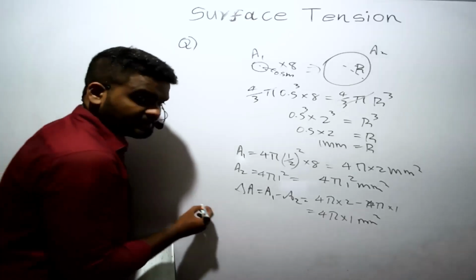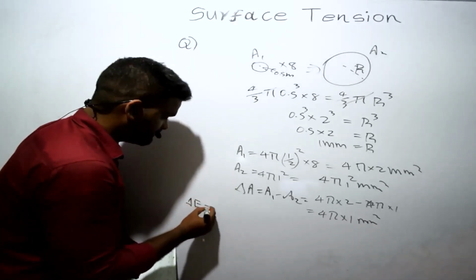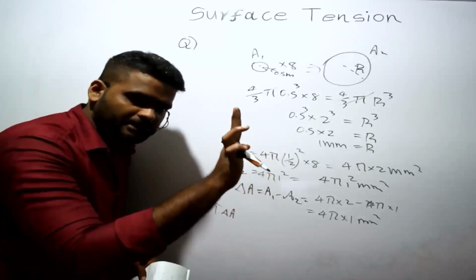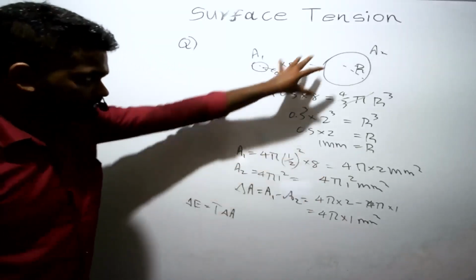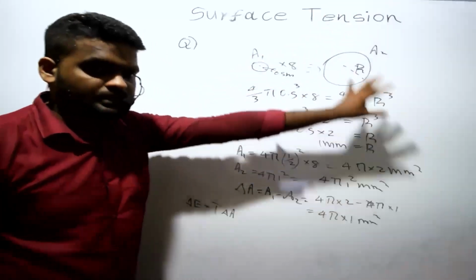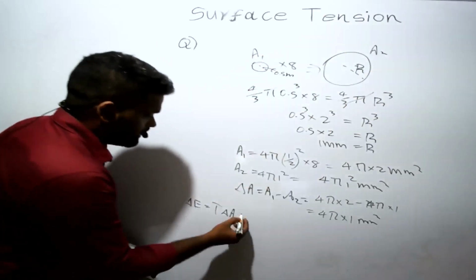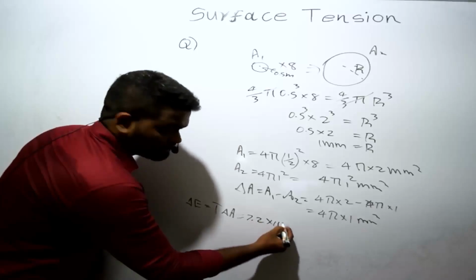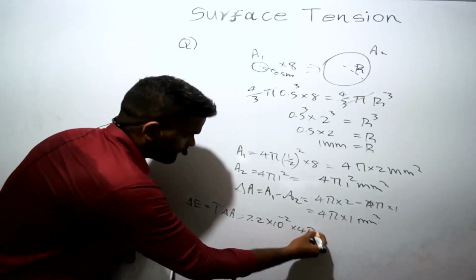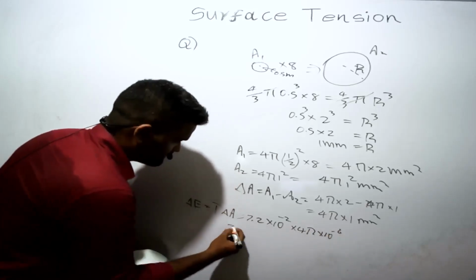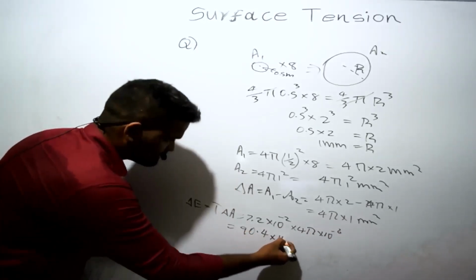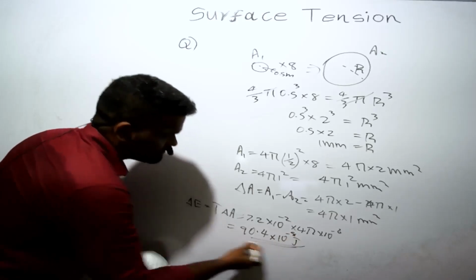Then apply delta E equals T times delta A. Here you don't have to multiply by 2 because it is a liquid drop. For a solid drop, you multiply by 2. So the surface tension times this is equal to 90.4 times 10 to the power minus 8 joule.